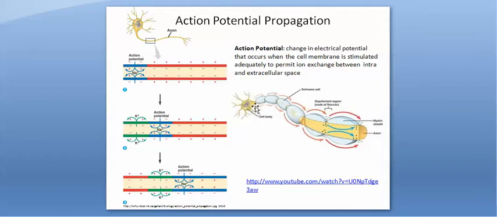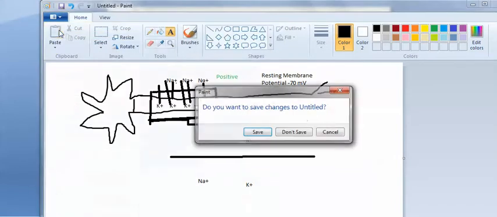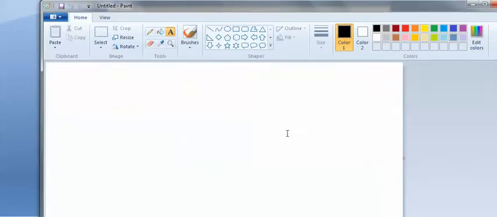So enough information occurs here, and let me get a new picture for you. All right, so let me draw you guys a neuron again.